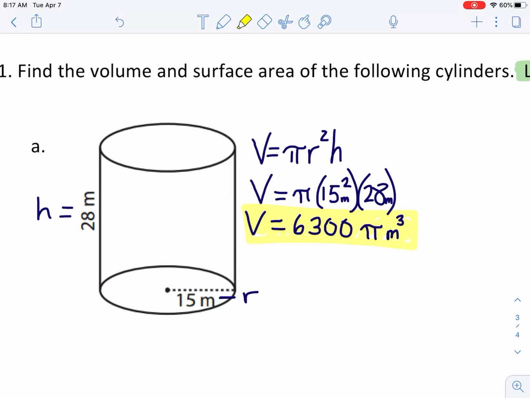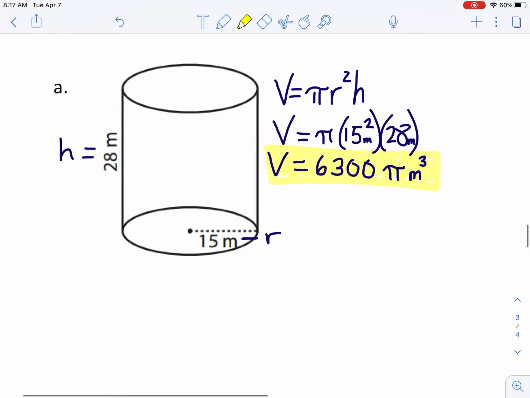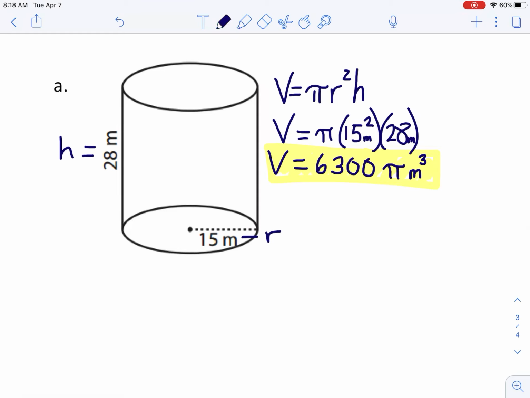If I asked you to round to the nearest cubic meter, then you would hit the pi button on your calculator and you would get 19,792 cubic meters. Okay, but that's not what it's asking. And then they want the surface area.